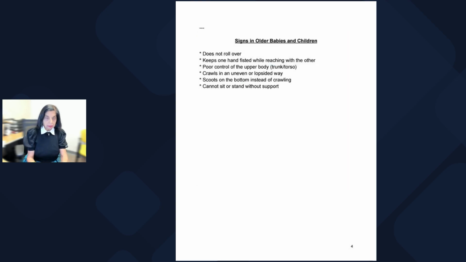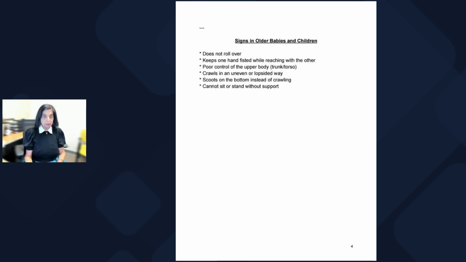Now, as we follow these babies, what are the signs in the older babies and children? The baby doesn't roll over. They keep one hand twisted when you hold the baby. It is like a scissor-like posture, where one side of the body is very rigid and the other is down.